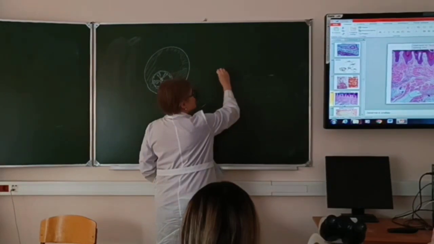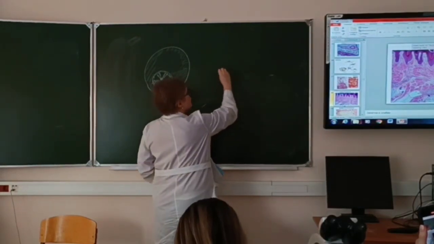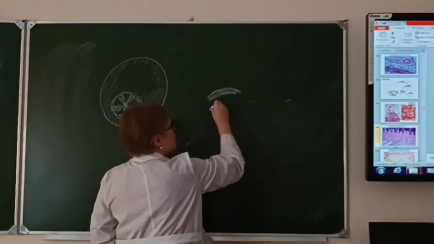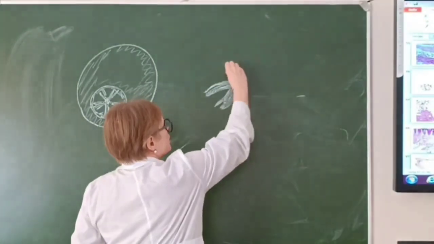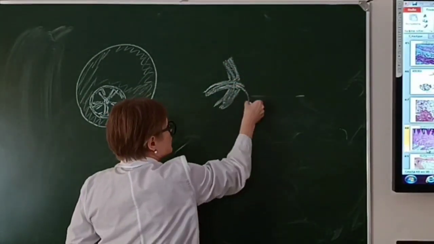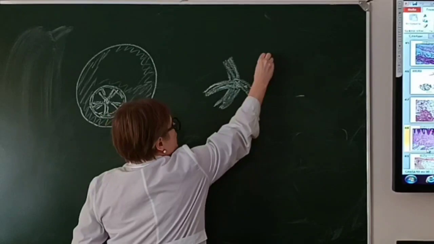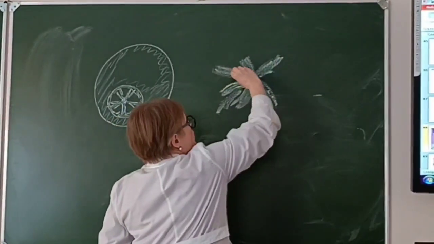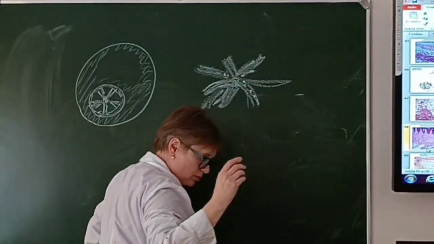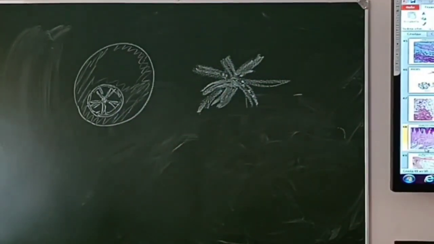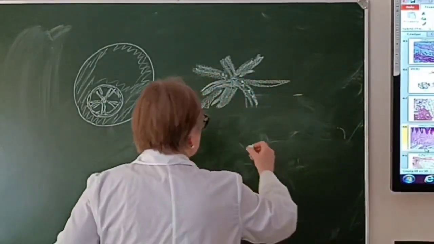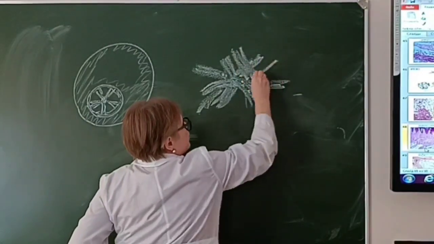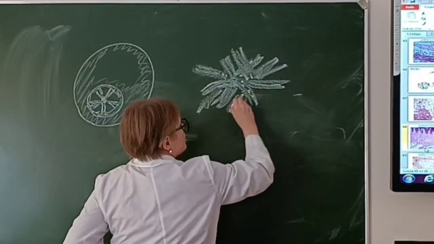For example, first I draw irregular dense connective tissue. I should draw bundles of collagen fibers that go in different directions, and no space between these bundles. Should be very little free space. So they are situated very densely.